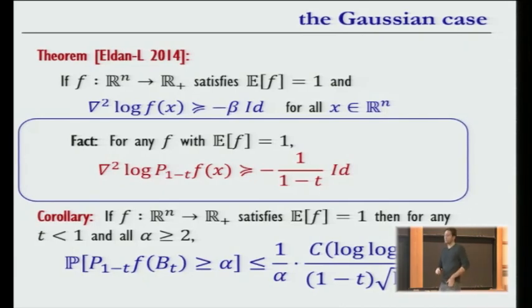Does it make sense, Sanjeev? No, it's very fast. And by the way, this is very easy to prove. You prove it for f being a delta function, in which case you're just looking at some Gaussian, and the computation is easy. Then you use the fact that a mixture of log convex functions is log convex.